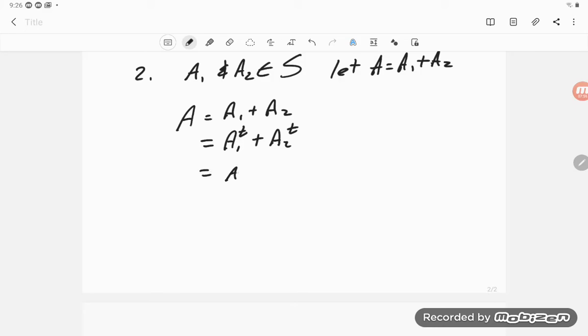And then that's (A1 plus A2) transpose, but A1 plus A2 is A, so that's A transpose. So again, we got closed under addition.